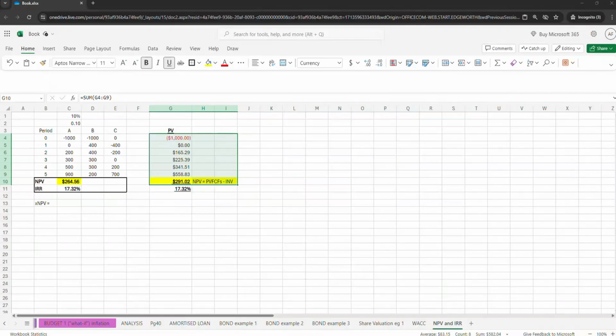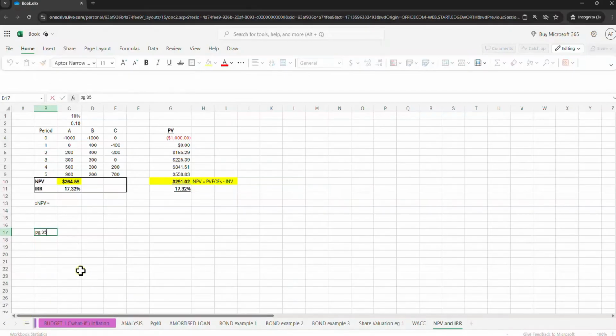B17 is the required return. Okay, I see. So on page 353, the required return. Oh, okay. Yes, required return is 15%.